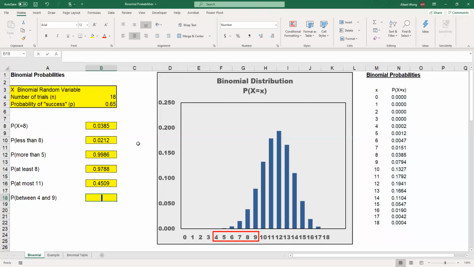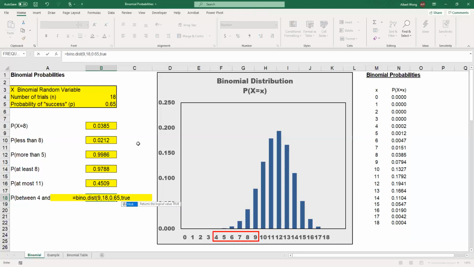So let's calculate the probability of 0 to 9 first. So binom.dist, 9, 18, .65, 2. Right, so that's the probability of x from 0 to 9.